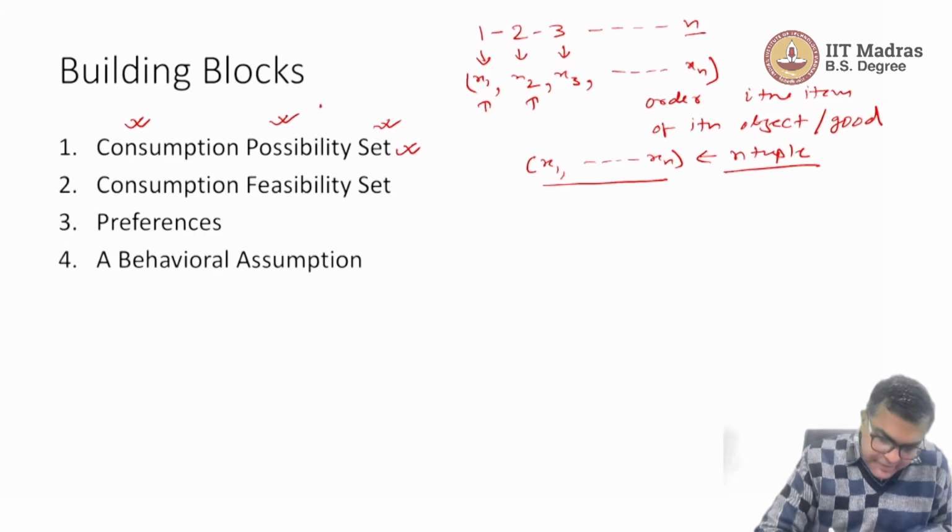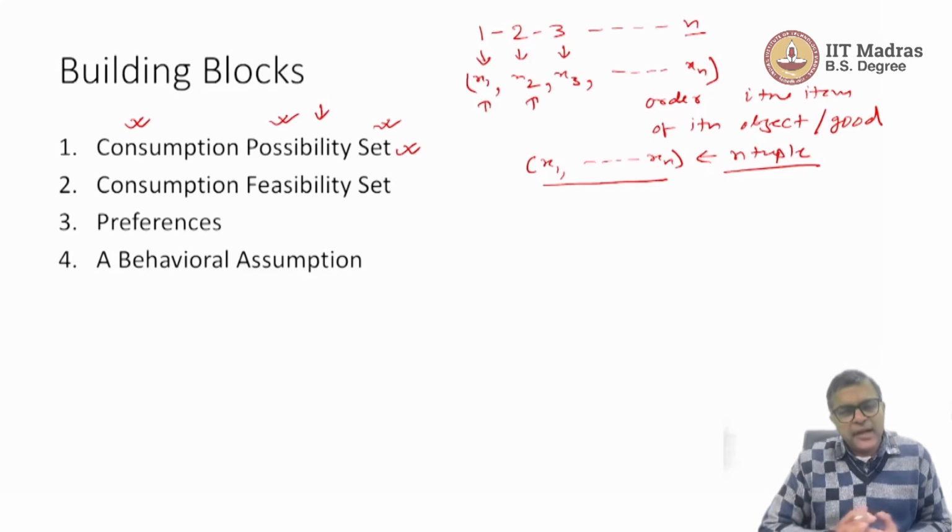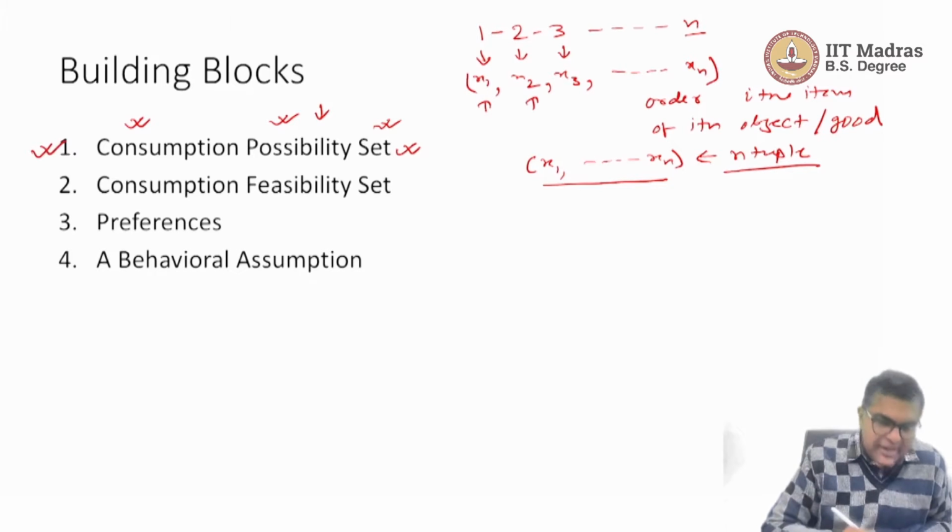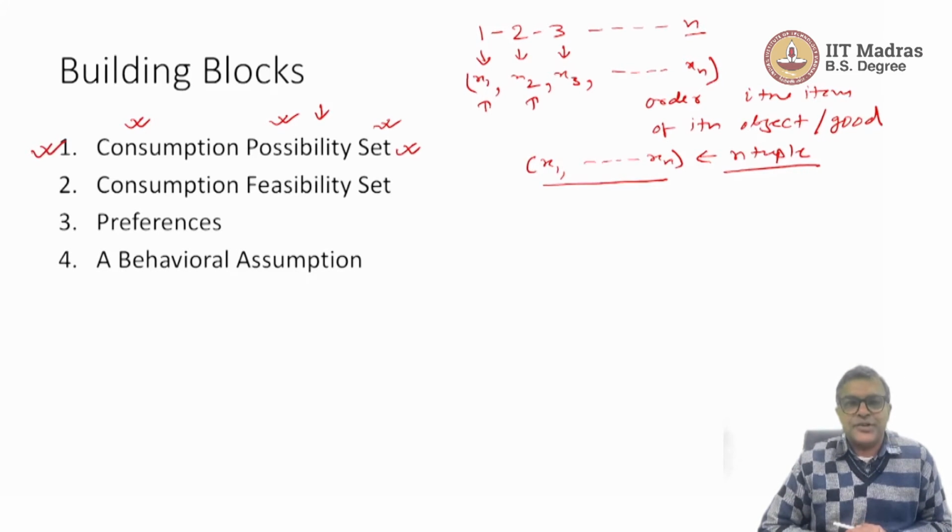So, from possibility, and why we are allowing everything which is not fathomable today, but we can imagine but really cannot consume it, because we want a set that is universal. So, even if our financial situation changes, still we can use that set, and that is why it includes everything that you can imagine.